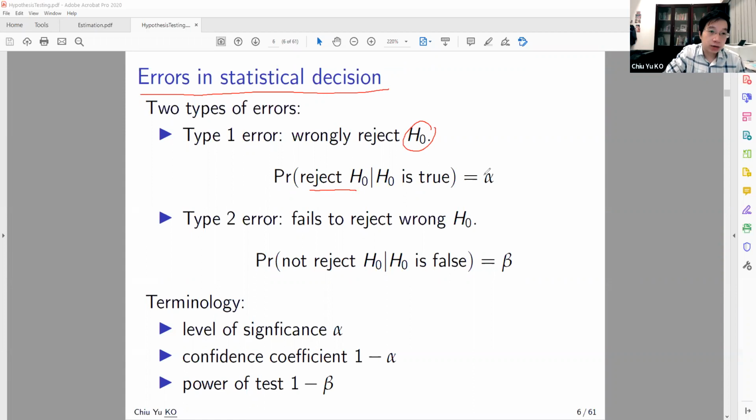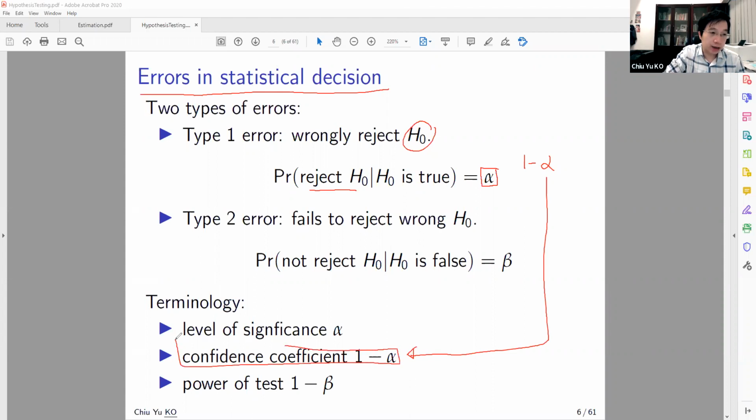We define this as alpha, and later you will see that 1 minus alpha is called confidence.